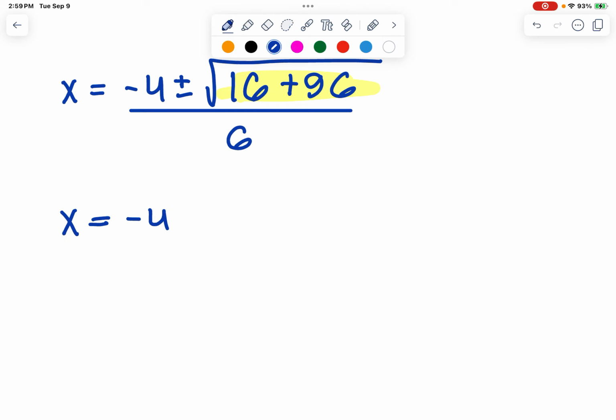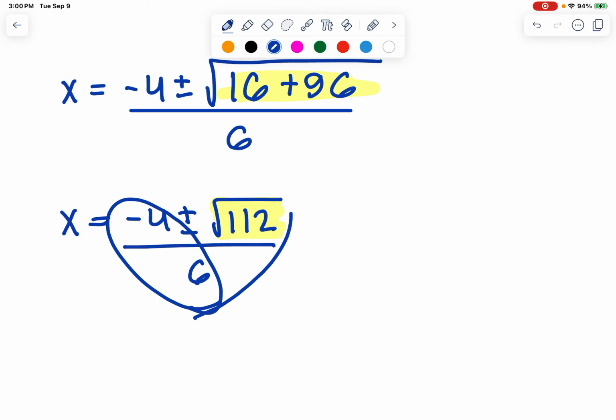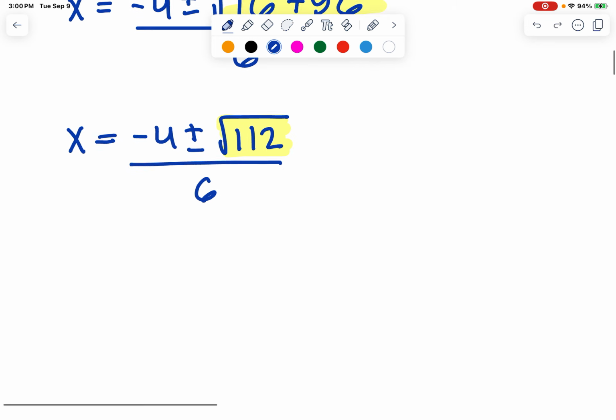X equals negative 4 plus or minus the square root of 112, all over 6. And now I have to simplify this radical. Now, if this radical was not simplifiable, maybe it was root 10, then I can just be done and leave my answer like that. The only thing I could do is divide this by 6 and then put this over 6, but that's not much prettier, okay?